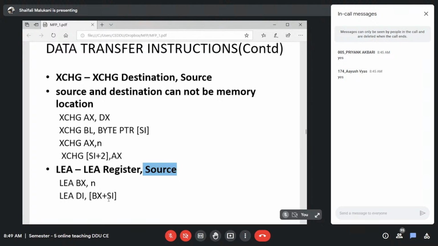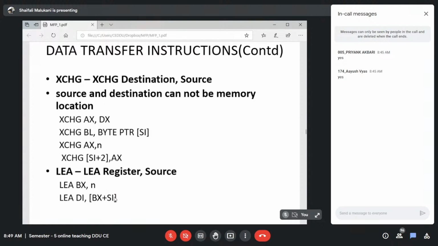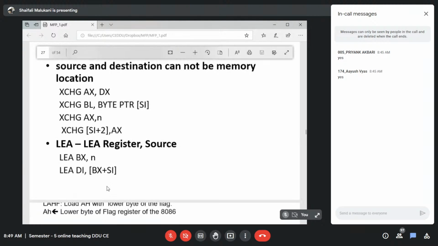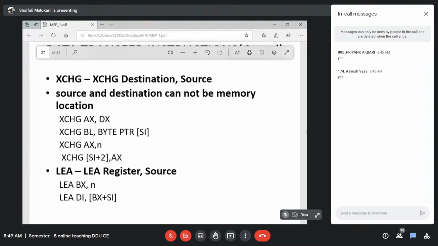Suppose I want that the content of bx and the content of si are added together. Whatever result comes, that should be taken as a memory location, and that memory location's offset is stored in di. Are you getting this point?